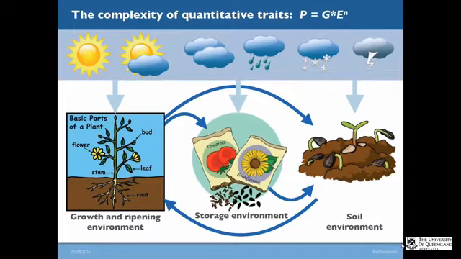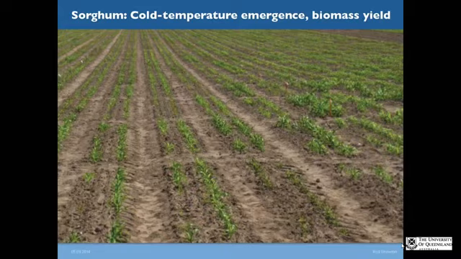Okay? So it's much more complex than the general picture that we're normally looking at, and it makes it really difficult for a breeder to select based on a phenotype whether a particular genotype or breeding line has a good germination and emergence or not, because he or she has to take all of these things into account.